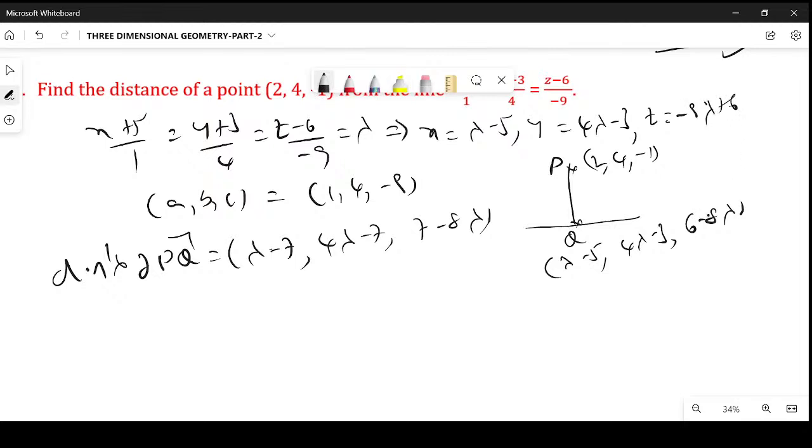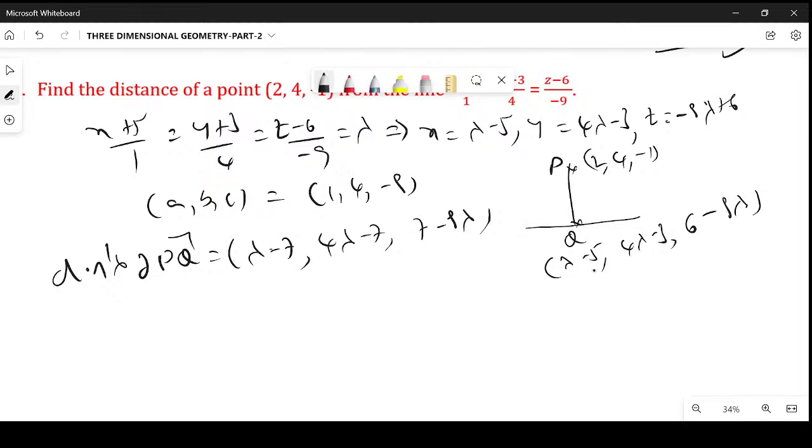So that is the reason this will change now, because I got a doubt here. So 6 minus 9 lambda, 6 minus 9 lambda. So it will come here also, 7 minus 9 lambda it comes. That's the DRs of PQ, correct.